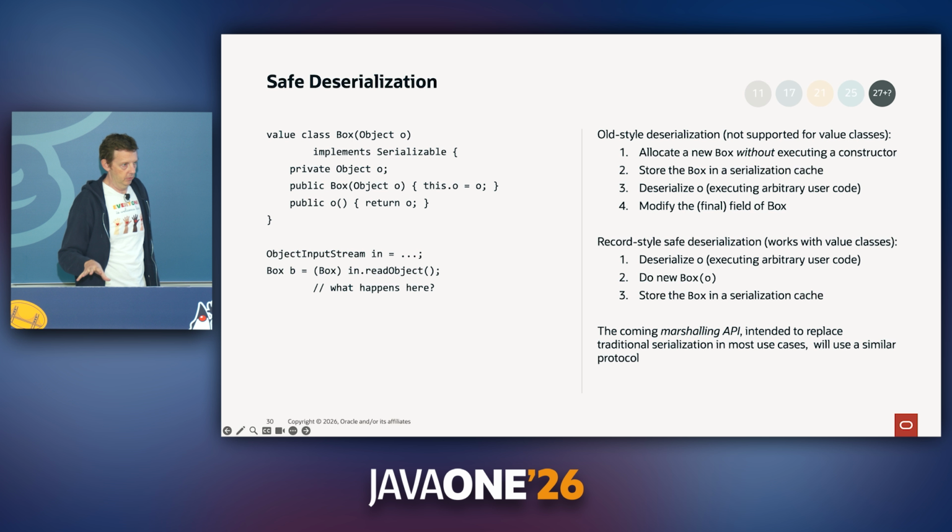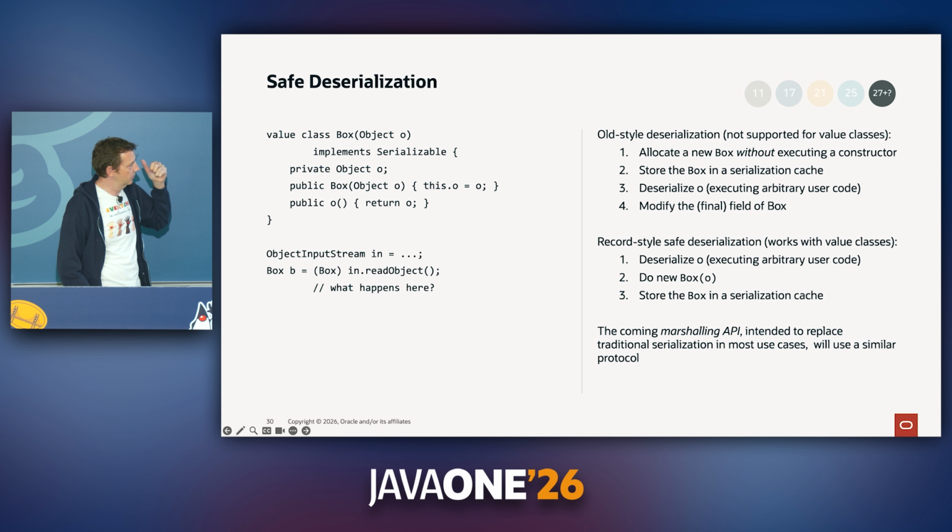Records have a much simpler protocol. The components get deserialized, then they get passed off to the constructor. So similar to the last slide, we'd like to extend that to other classes.